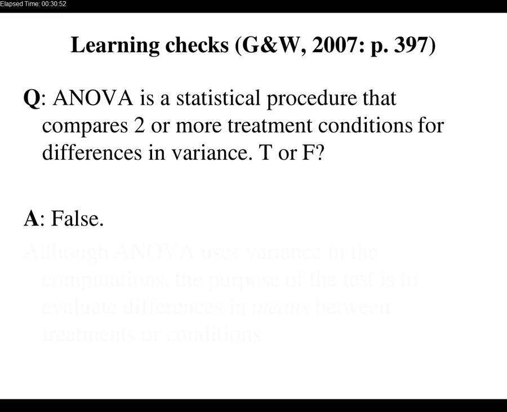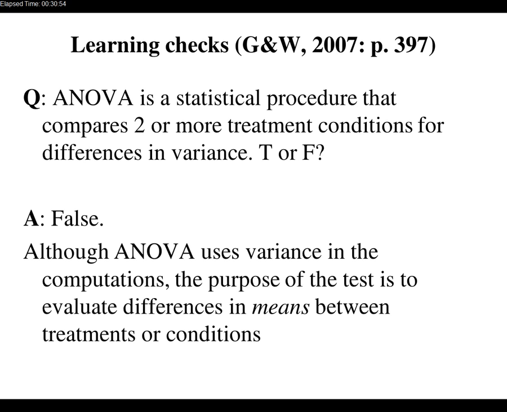Because ANOVA uses variance in the computations, but the purpose of the test is to evaluate differences in means between the treatments or conditions. So we use variance to compute the differences in the means, but it still evaluates the means. Got it?